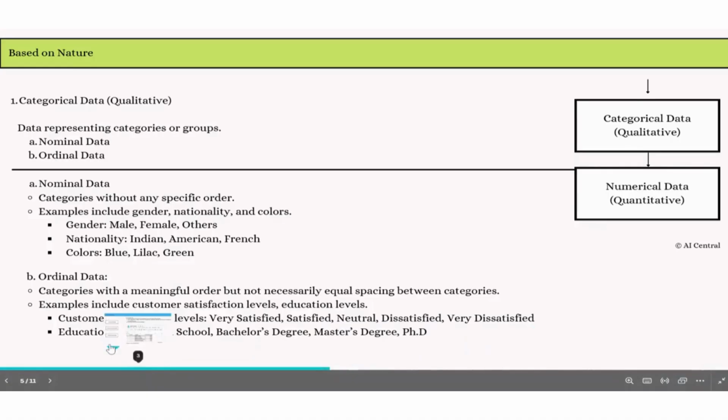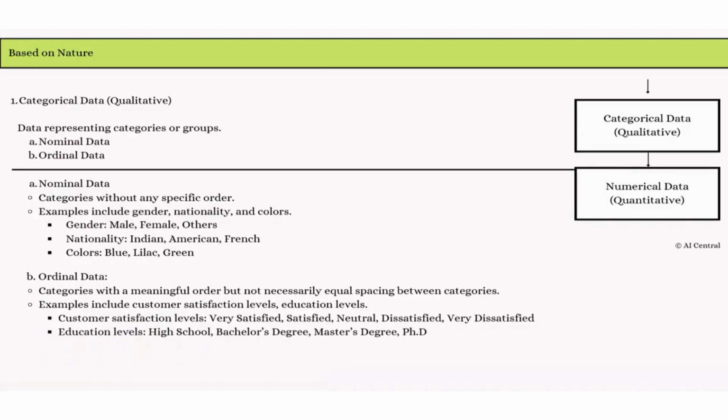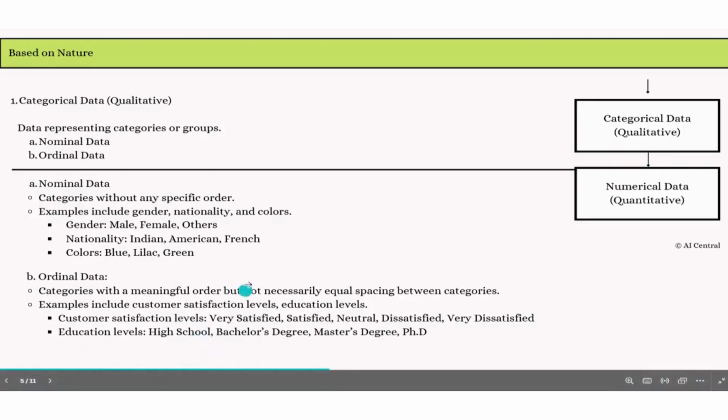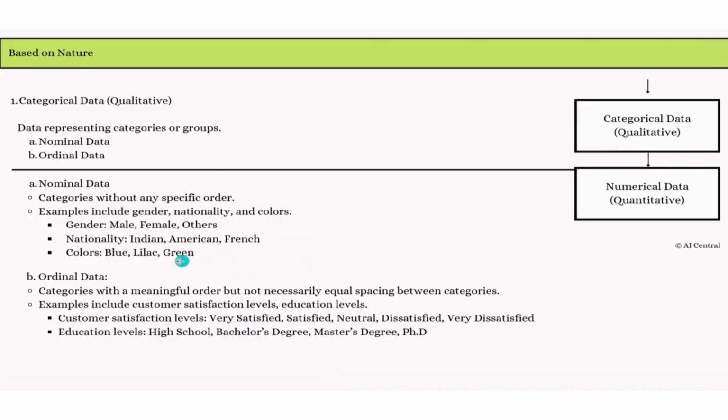And if I consider another example, there is high school, then bachelor's degree, master's degree and then PhD. In contrast to ordinal data, we have nominal data. Here we can see colors blue, lilac or green. So there does not exist any specific order for colors, right? So this is how we have nominal data and ordinal data.